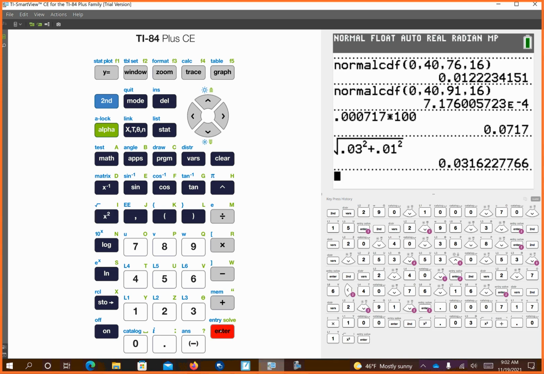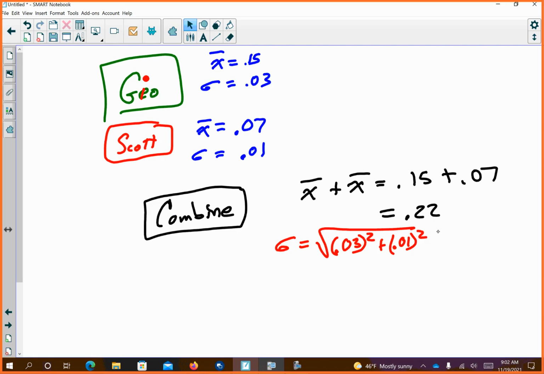So our standard deviation is now going to be about 0.03. All right, you ready for this? 3% chance he and I will be in school on time.